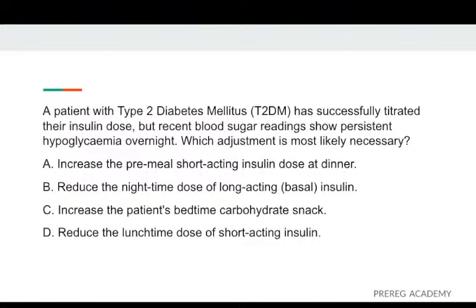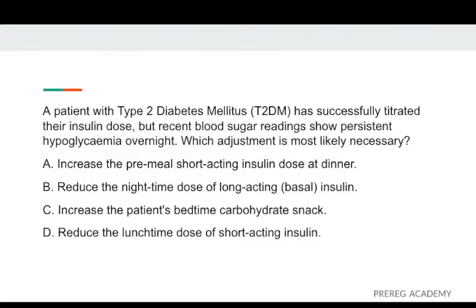And what are you going to treat with? Are you going to treat with glucagon? Yeah, so we're going to treat with sugar, okay? Fast acting sugar.